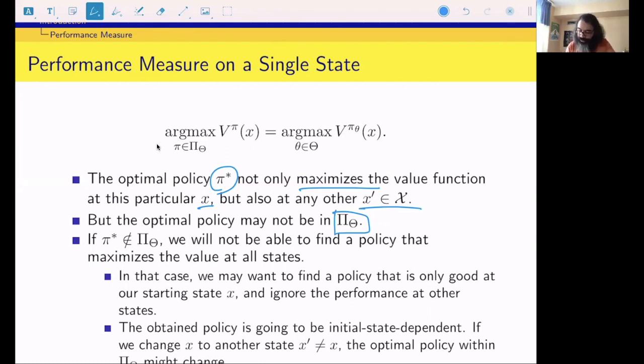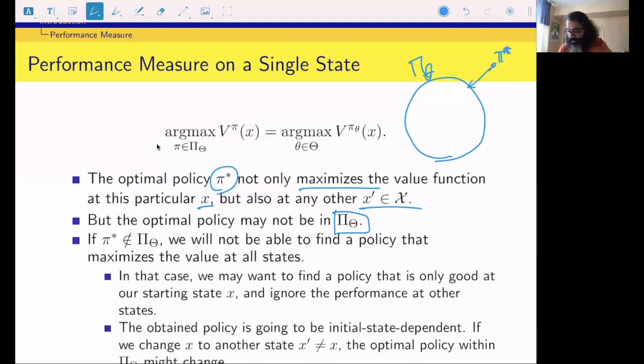So it is possible that, if I visualize now the space of policies that are induced by theta, maybe what is happening is that the optimal policy is outside of this space.